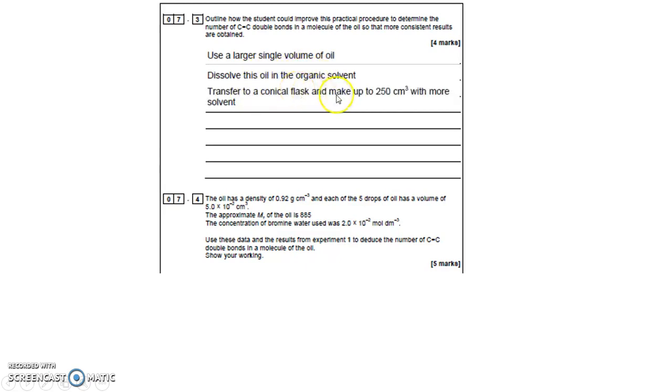Next, I'd transfer into a larger flask to make up a batch of it, maybe 250 centimetres cubed with more of the solvent. You always make a batch of chemicals that you're going to use, and then you take 25 centimetre cube samples for the flask. So more oil, 5 drops is not enough.